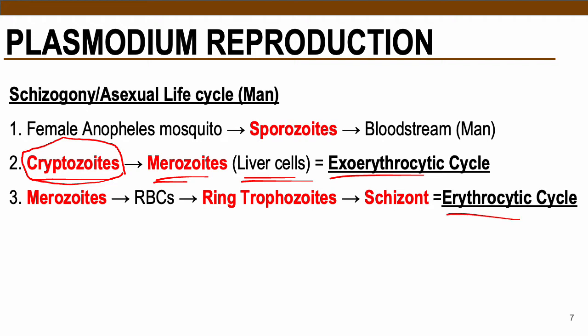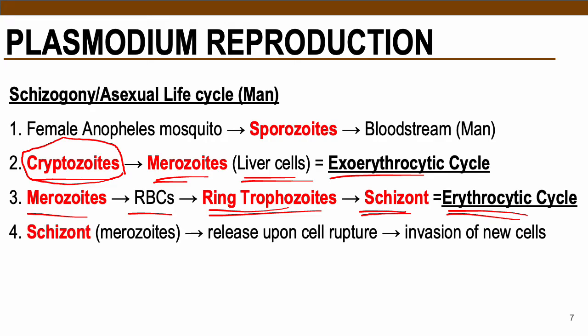In this cycle, red blood cells are already affected. The merozoites will attack the red blood cell, and inside the red blood cell, ring trophozoites will develop. This ring trophozoite in turn will develop into a schizont inside the RBC. The schizont, which contains the merozoites, will be released upon rupturing of the red blood cell.